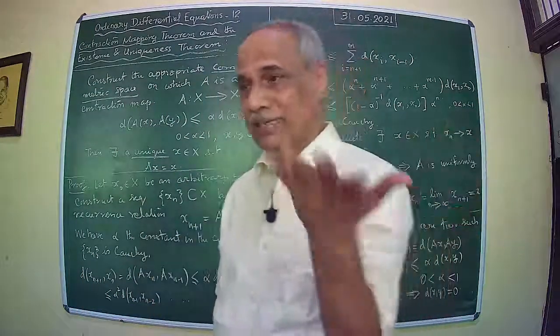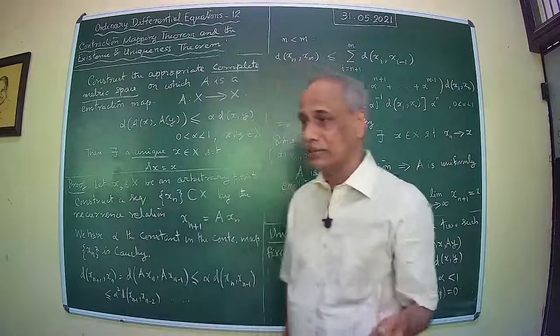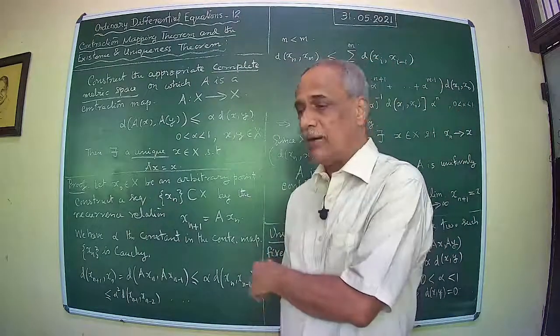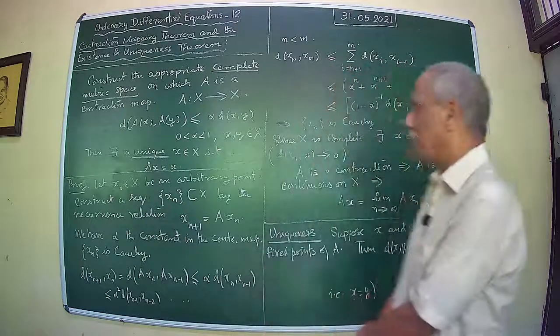You can prove that there is a unique fixed point, and this is the general strategy that one adopts. Now let us see how we actually make use of this.